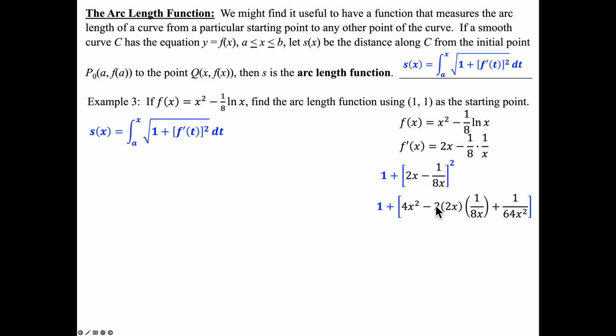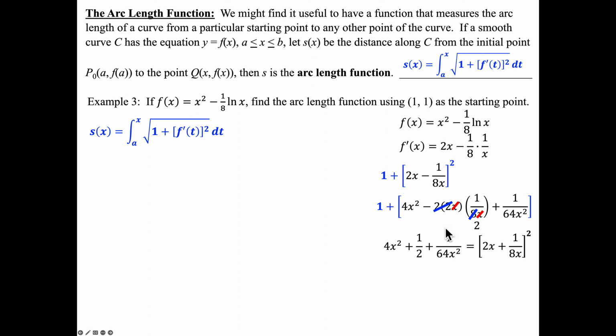The 2 and this 2 is 4, and 4 goes into 8 twice. This x and this x cancel, again leaving me with a minus 1/2. Then I'm going to add the 1, which makes it a plus 1/2 in the middle. And wait a minute, the only term that changed was the middle from a minus to a plus. It has to factor to this binomial squared, but with the plus sign.